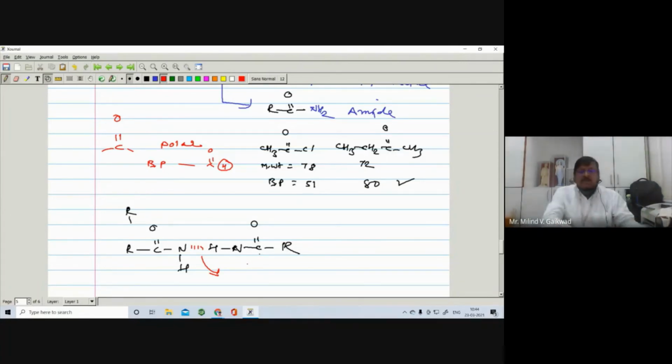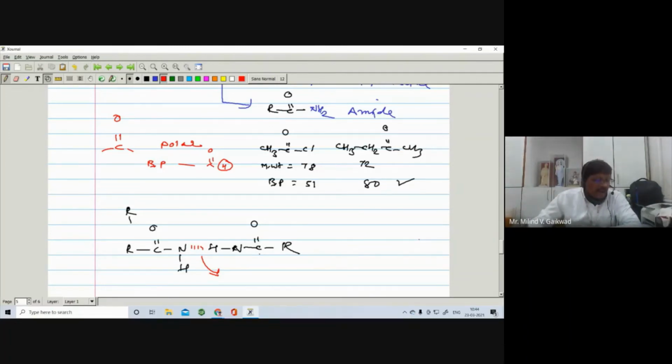So these are some of the properties. Similarly, esters having carbon 3 to 5 and amides having carbon 5 to 6 are soluble in water, and all acid derivatives are soluble in organic solvents. The derivatives have a polar nature. The lower members are soluble in water, but higher members are insoluble in water.